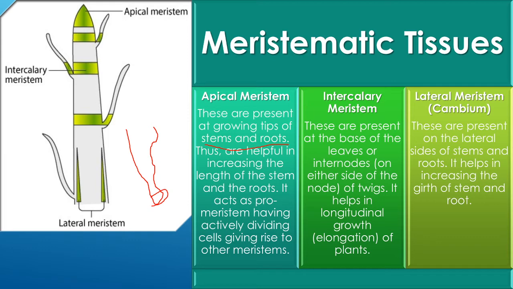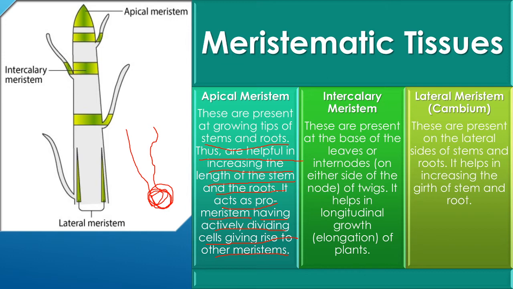Like this part will be the apical meristem, which will grow further in the soil. Thus they are helpful in increasing the length of the stem and the root, and it acts as a promeristem, having actively dividing cells giving rise to other meristems. That means they keep giving rise to other meristems also.